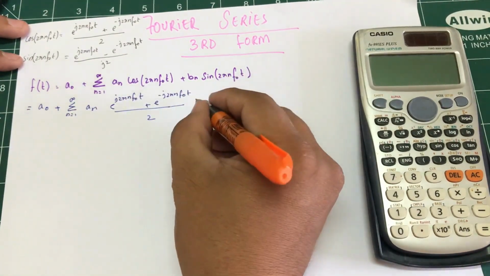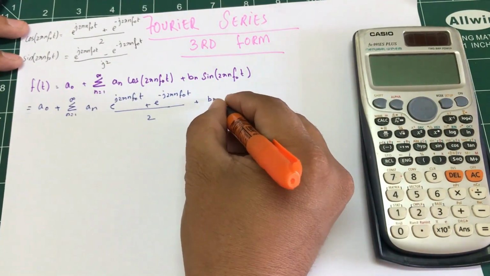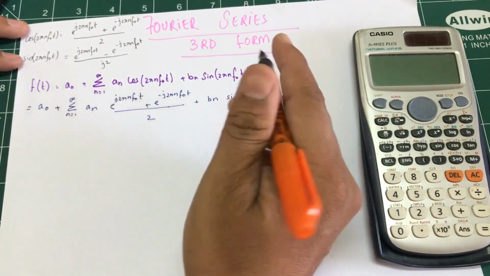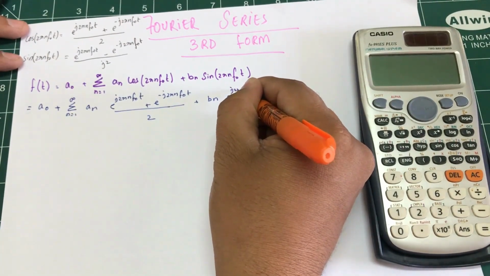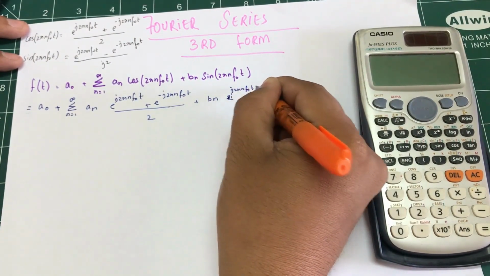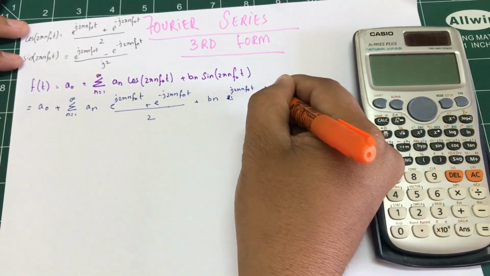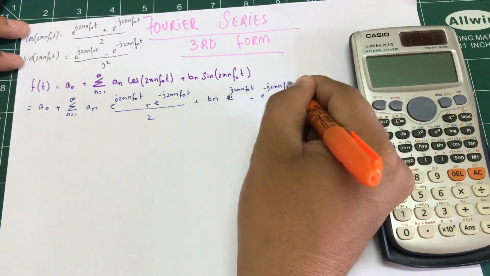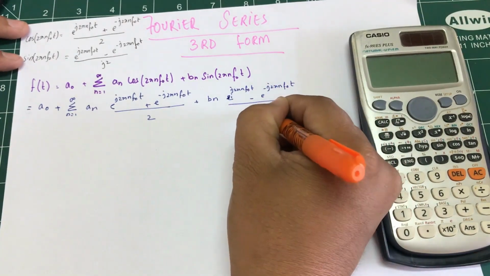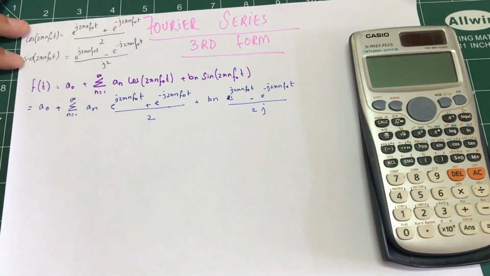I'm going to do exactly the same thing with bn: bn times e to the j 2 pi n f0t minus e to the negative j 2 pi n f0t, over 2j.